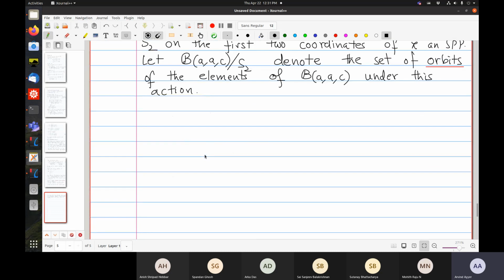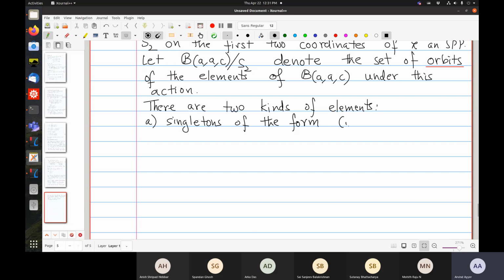So there are two kinds of elements. The first is singletons of the form iik, or doubletons of the form ijk, jik.